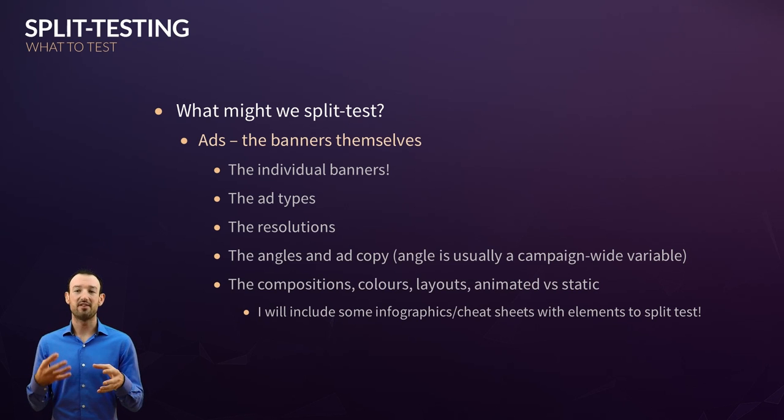And in fact, angle's a very important term in the marketing industry, and it's something that we'll talk about a bit later, but angle can be an entire campaign-wide executive variable rather than just the angle in a specific banner. We might then even test more granular things like the compositions of ads, the colors, the layouts, animated versus static, all these little things. And I'll include a cheat sheet with a table of little things that you can split test with respect to your banners.